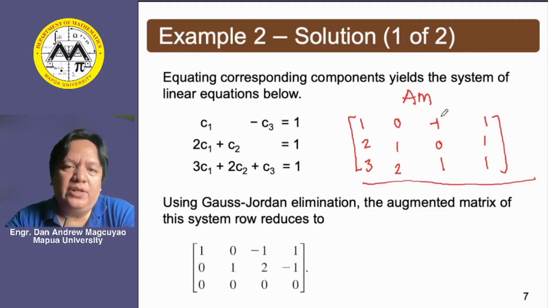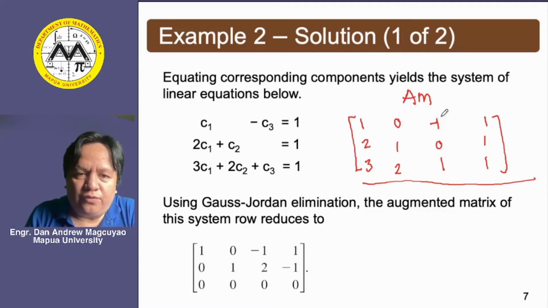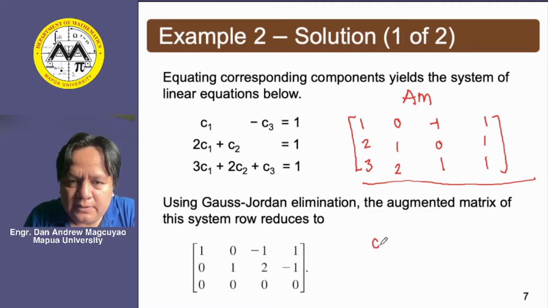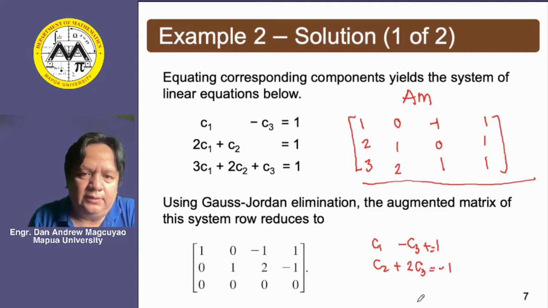From this, you're going to apply the reduced row echelon form of this matrix, and by Gauss-Jordan elimination, we can get the solution. So the solution for this one would be c1 minus c3 equal to 1, c2 plus 2c3 equal to -1.